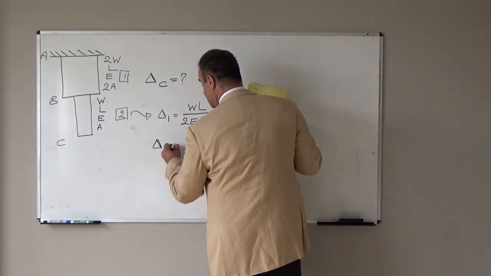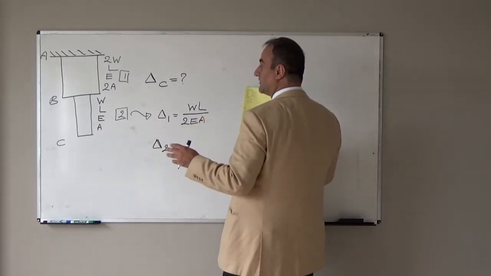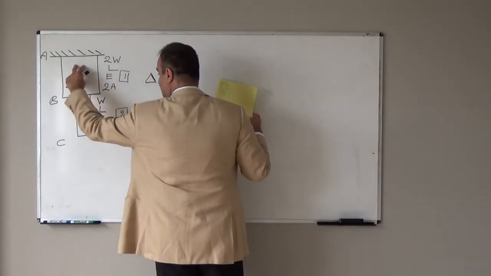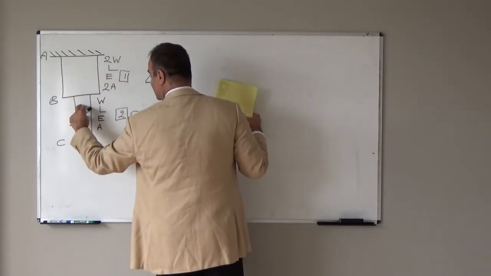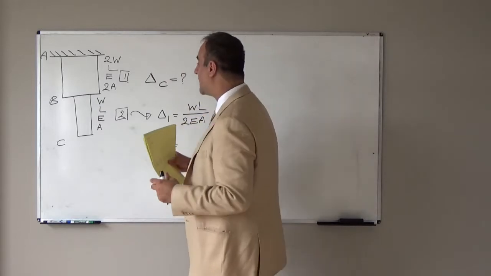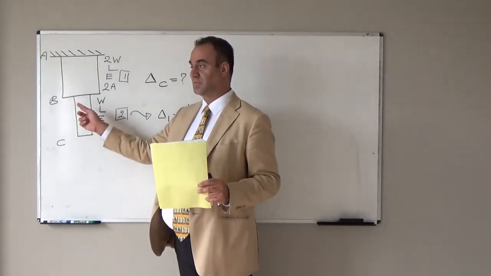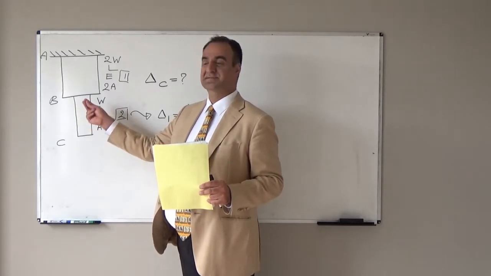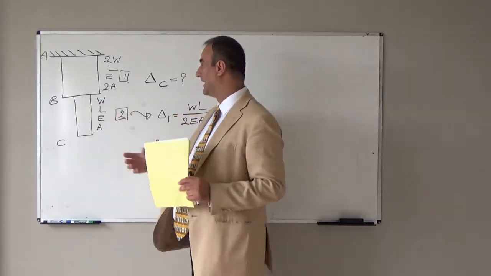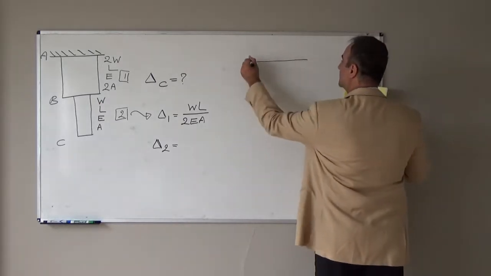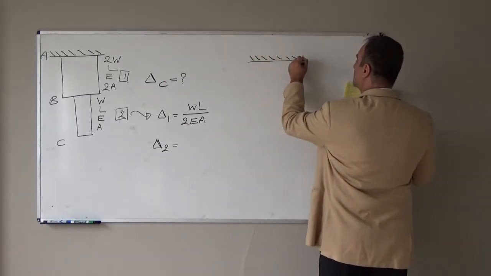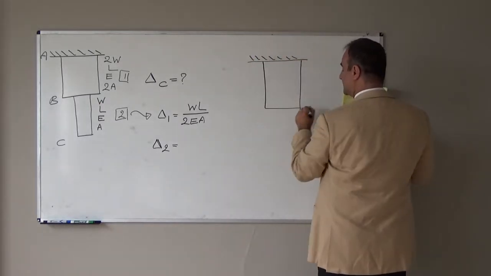Delta 2 will be the deformation of part 1 because of the weight from part 2. Because this weight of part 2 behaves similar to an external load at the end. So this is segment 1.